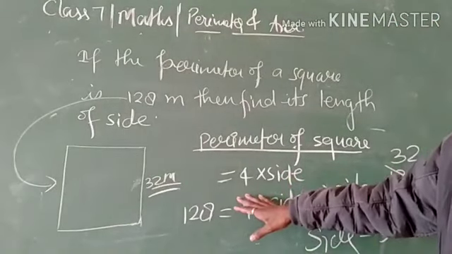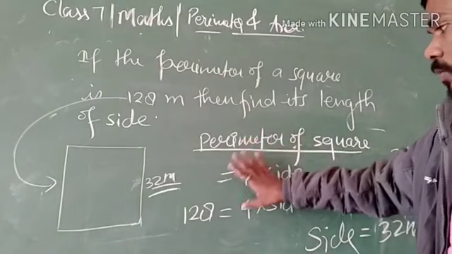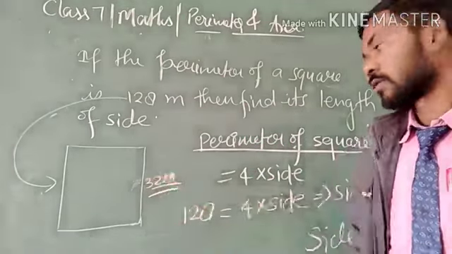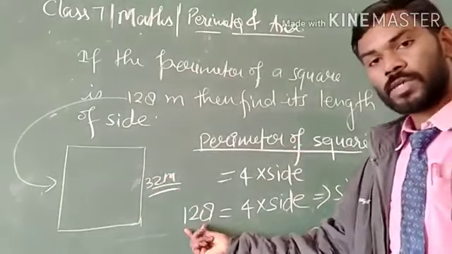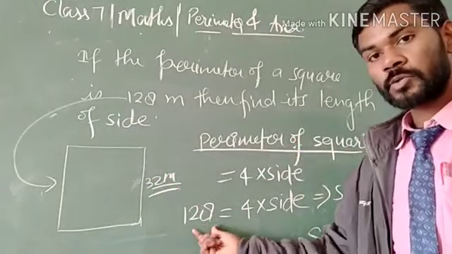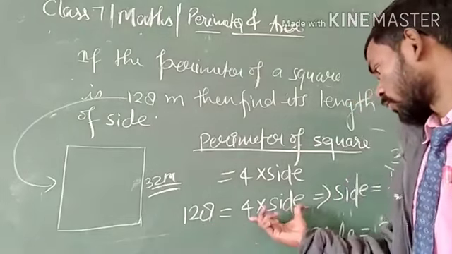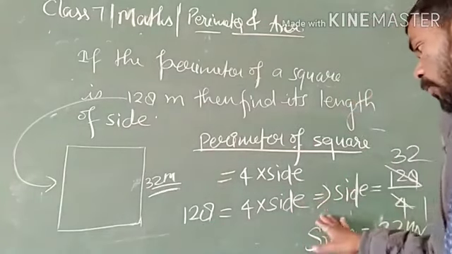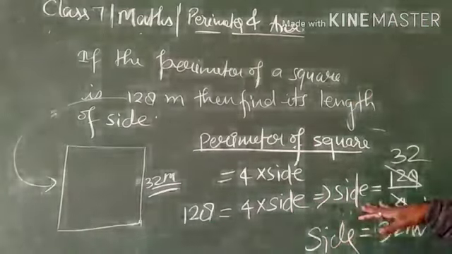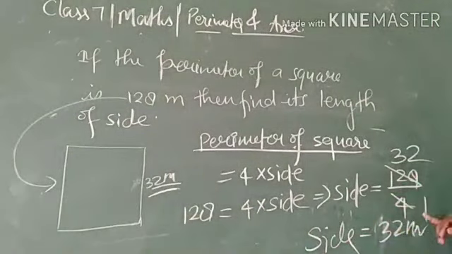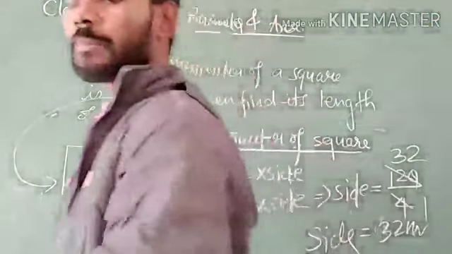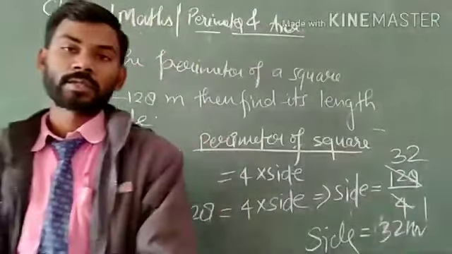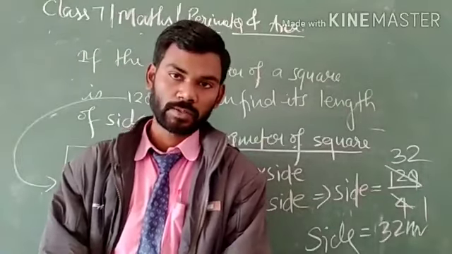So here we shall apply this formula in order to get the solution. 128 will be equal to 4 into side. So from this we can find out side is equal to 128 upon 4, which will give us 32 meter as the side of the given square.